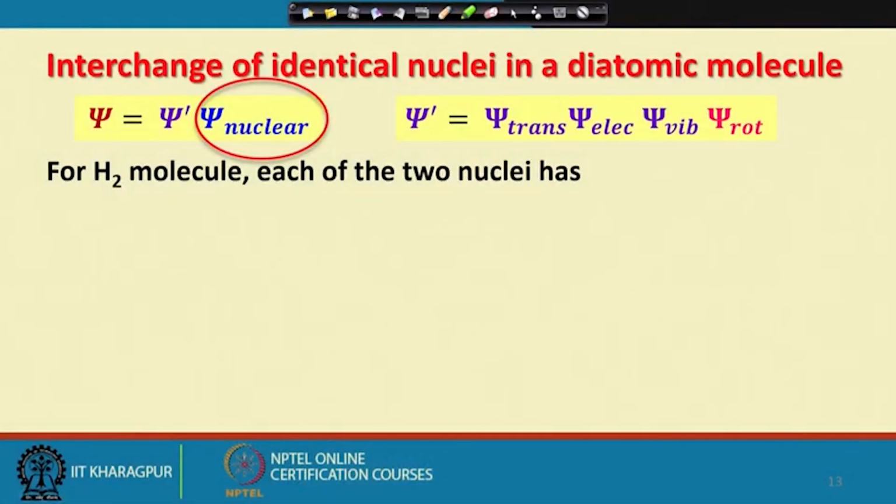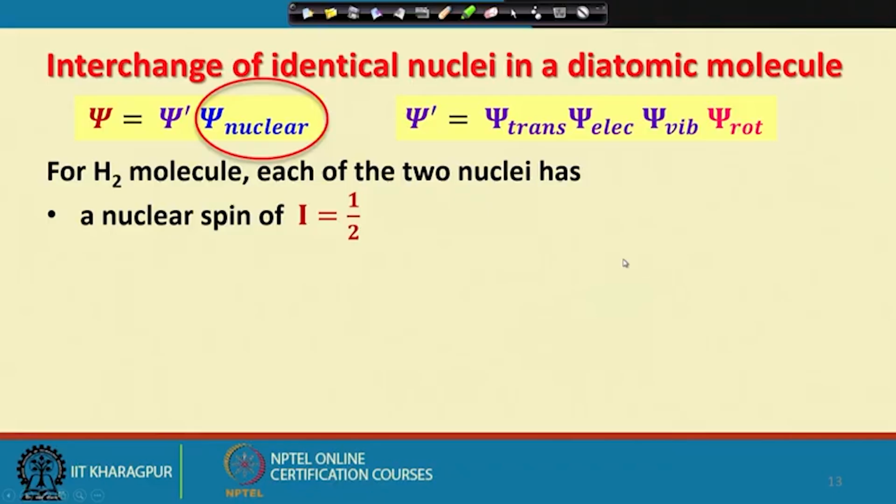Now, going back, let me take an example. Let me take the simple example of the hydrogen molecule. In the hydrogen molecule, there are 2 nuclei, corresponding to the 2 hydrogen atoms. Now, if I ask you the question, what is the nuclear spin on each of these hydrogen atoms?